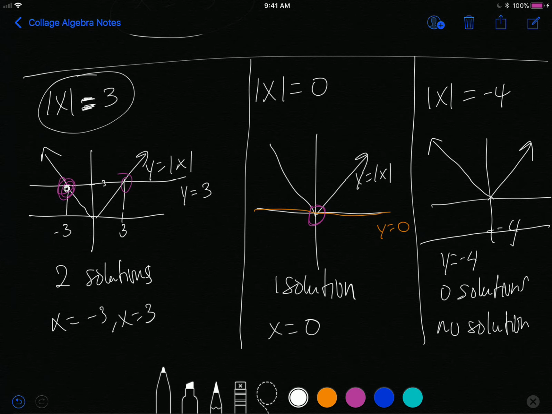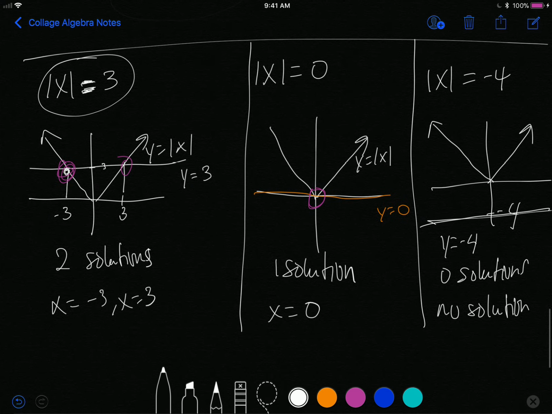All of these come from simply shifting the horizontal line up and down. It was up here, then it came down here, now it is down here. So those are the basic three possibilities. And so when you have one absolute value, you can either get 2, 1, or 0 solutions.